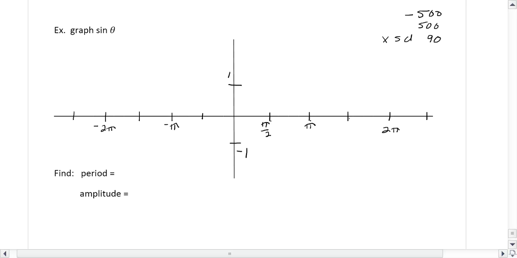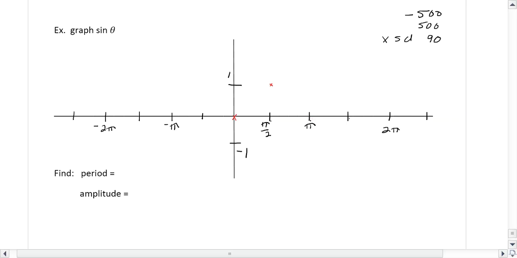After you have sine of x entered and you hit graph, you can jump back and forth between the table and the graph to do this accurately. So if you look, what is the sine of 0? 0 degrees is 0. The sine of 90 is 1. So we have that point.